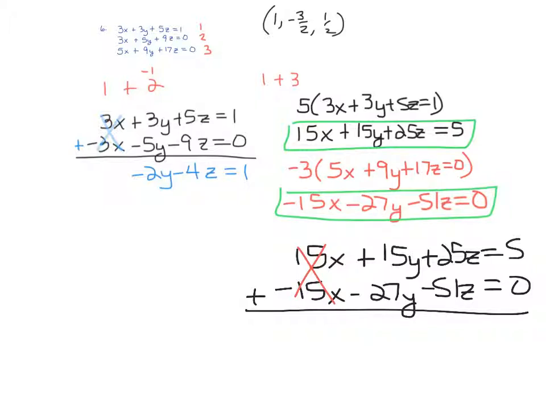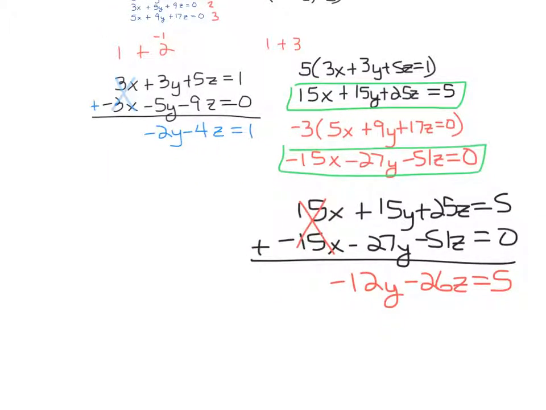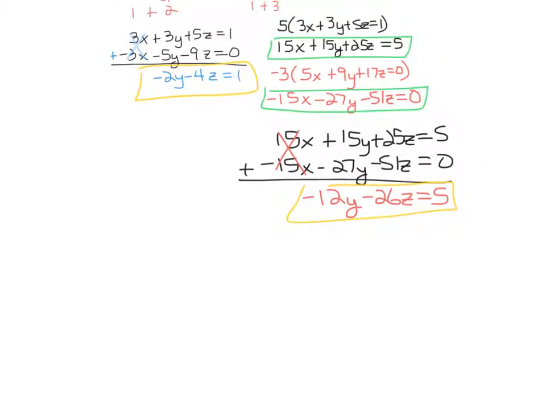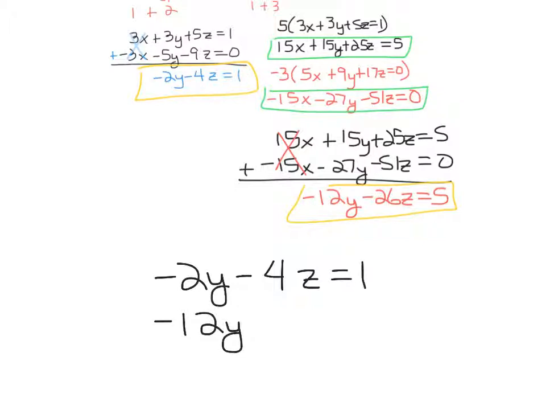I'm now left with -12y minus 26z equals 5. These two now, I'm going to write them on top of each other. So now I have -2y minus 4z equals 1, and then the -12y minus 26z equals 5.